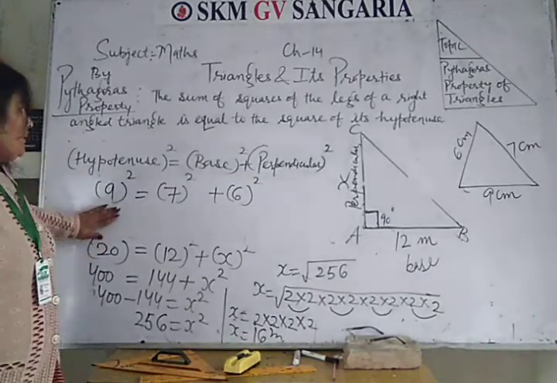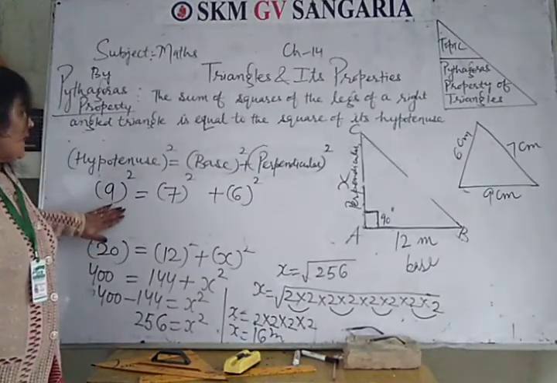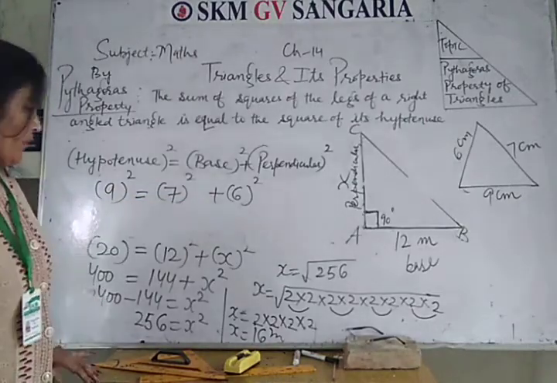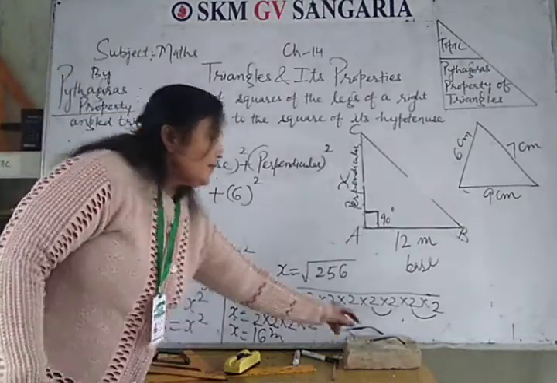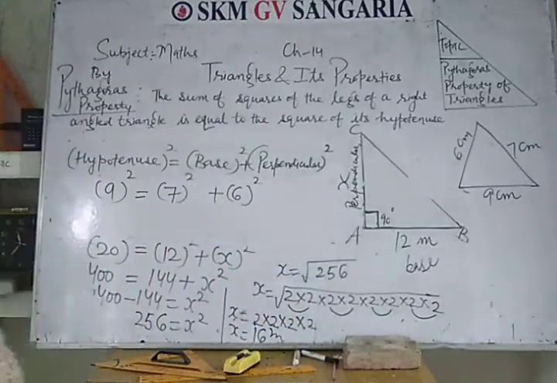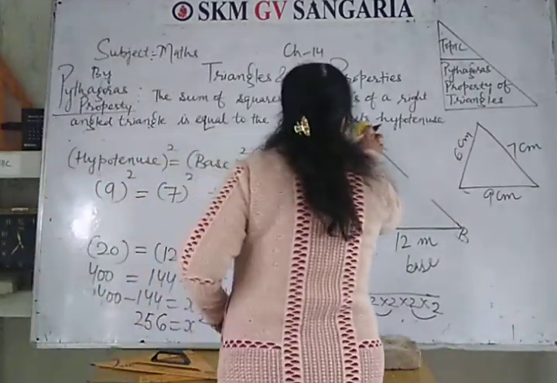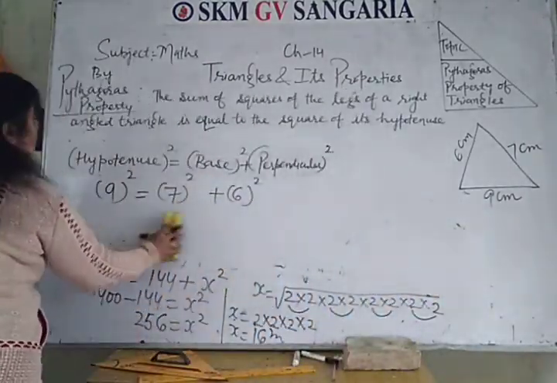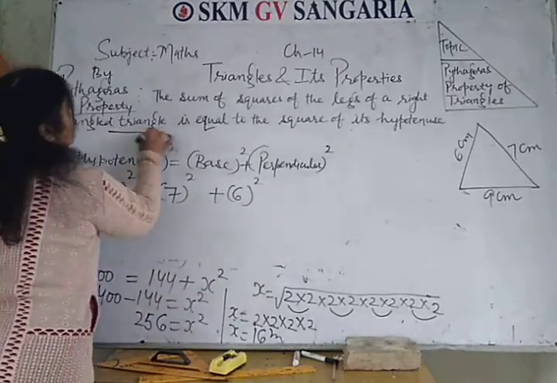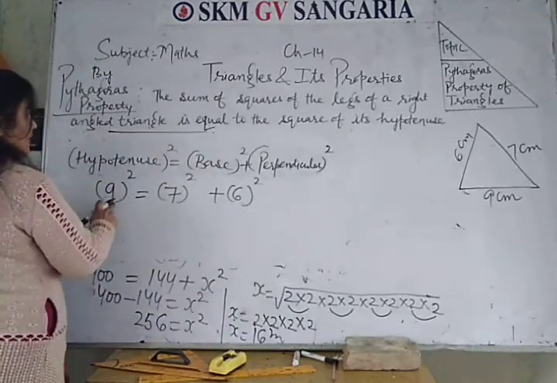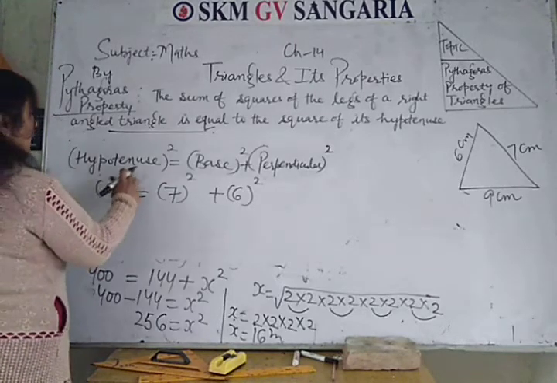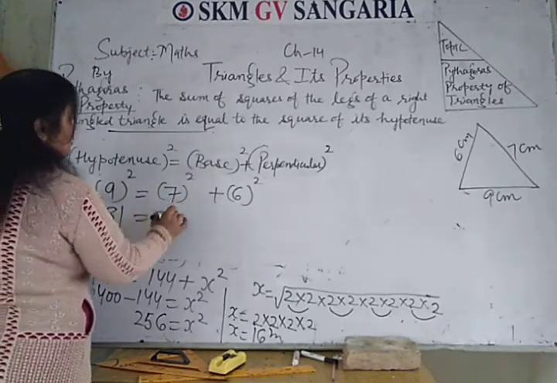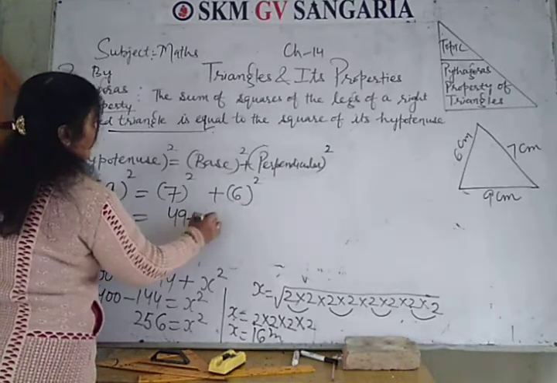The longest side is taken as hypotenuse, then we make the sum of the squares of the other two legs. So 9 square is 81. 7 7s are 49 plus 6 6s are 36.